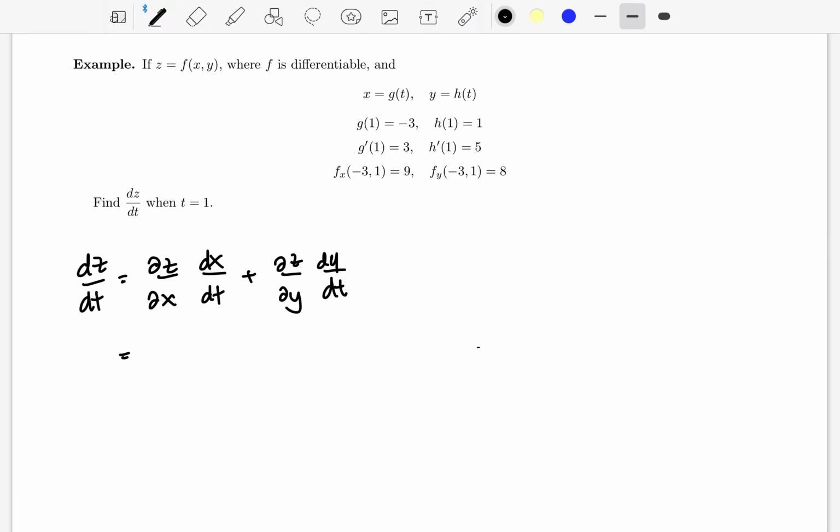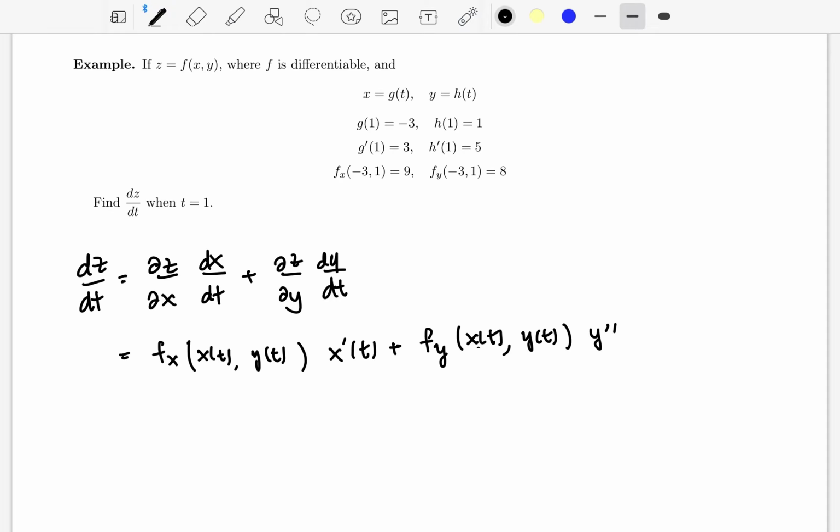Now, z is just f, so if I'm looking for the partial of z with respect to x, this is just the partial of f with respect to x. So this would be the partial, and this is going to be at x of t, y of t, and then dx dt is just x prime of t plus the partial with respect to y, x of t, y of t, and then we have that dy dt is just y prime of t.